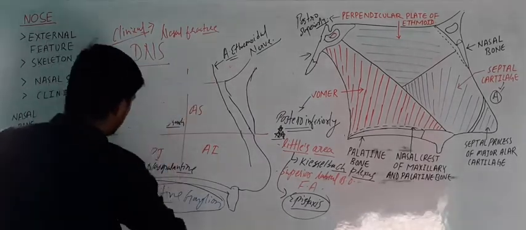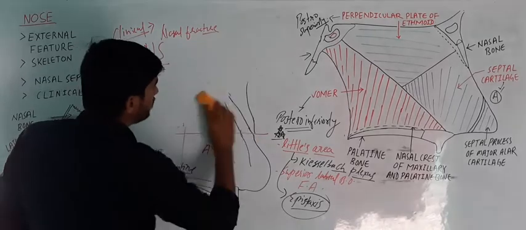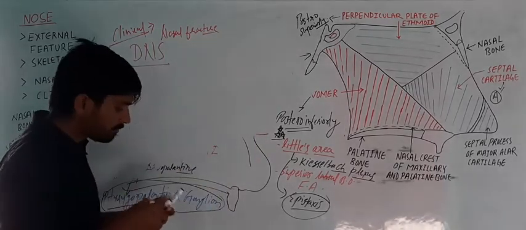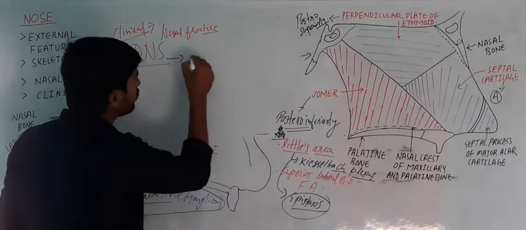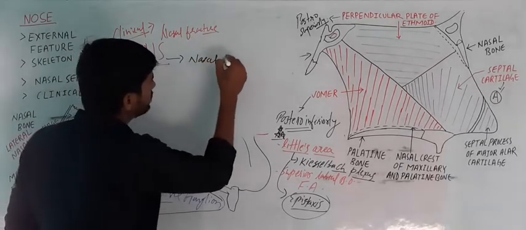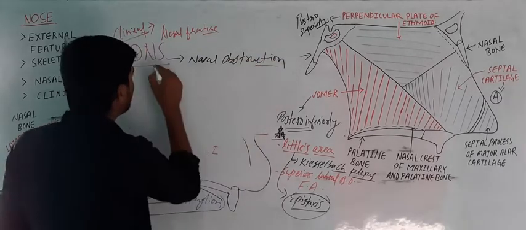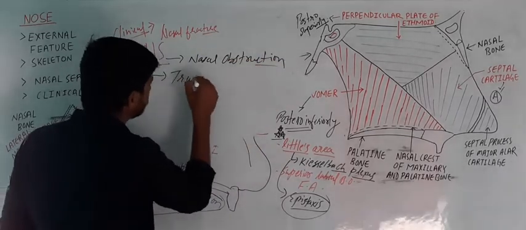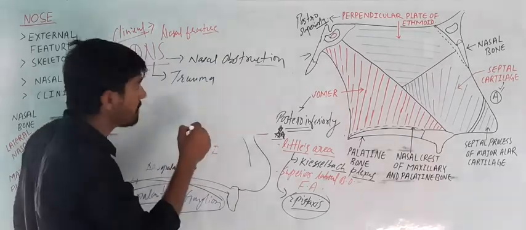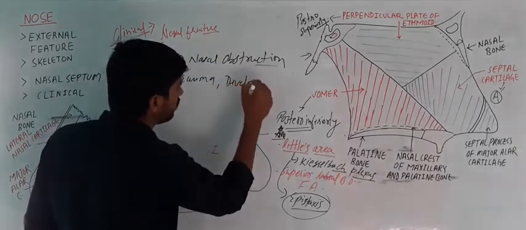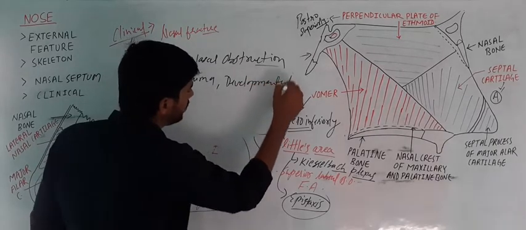Deviated nasal septum is the main cause of nasal obstruction, and it occurs due to trauma or developmental error.